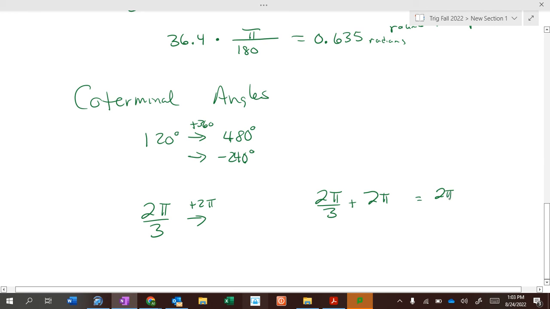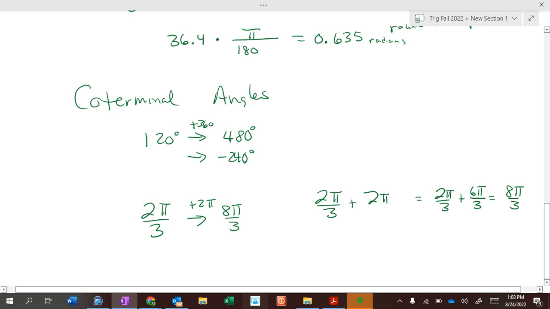So this is 2 pi over 3 plus what over 3? 2 is the same as what over 3? 2 equals what number over 3? 6 over 3, right? So we're adding 6 pi over 3 to that. What's 2 pi plus 6 pi? 8 pi over 3. So 2 pi over 3 is coterminal with 8 pi over 3.